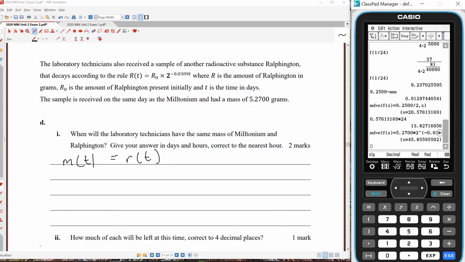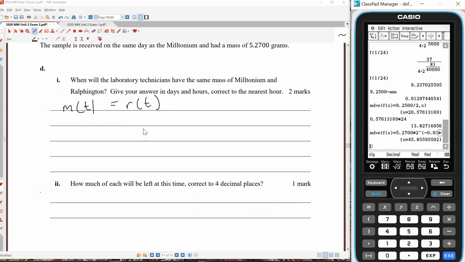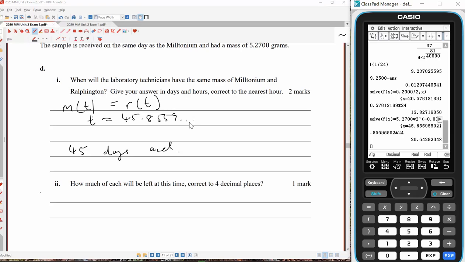So t equals 45.8559... That's 45 days and, times 24, 21 hours.